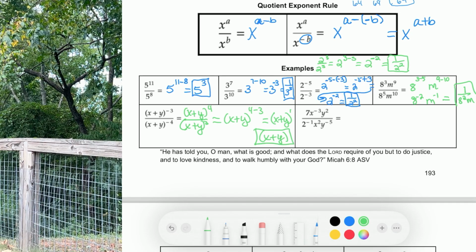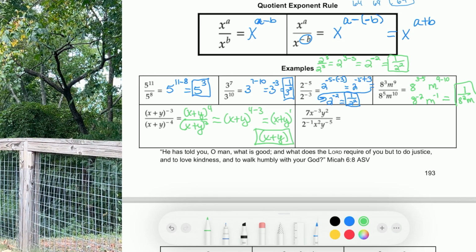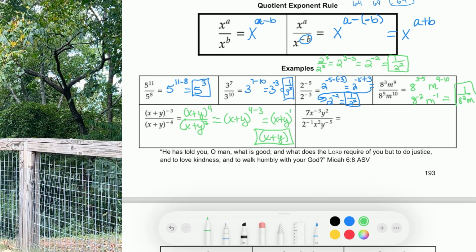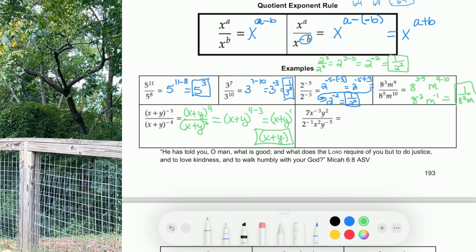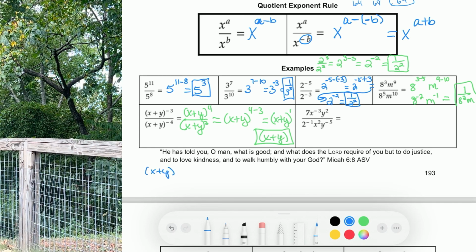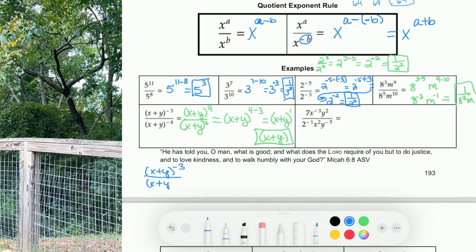We don't actually have to write that 1. Now, you could have gone the other route and go ahead and subtract the exponents. You would still end up with the same answer. So let's show you that. Let me rewrite it out here. Let's go ahead and write it out as the rule says, x plus y, -3 minus -4.